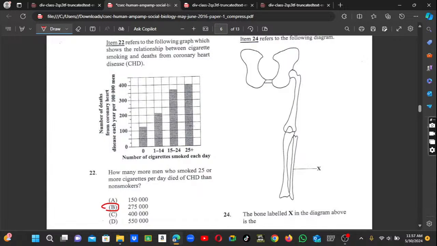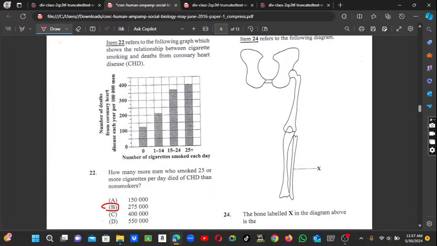So far this would be the number of cigarettes smoked each day. Alright, so it says how many more men who smoke 25 or more cigarettes per day died than non-smokers. So far we can see here 25. So this would be the range of the deaths.